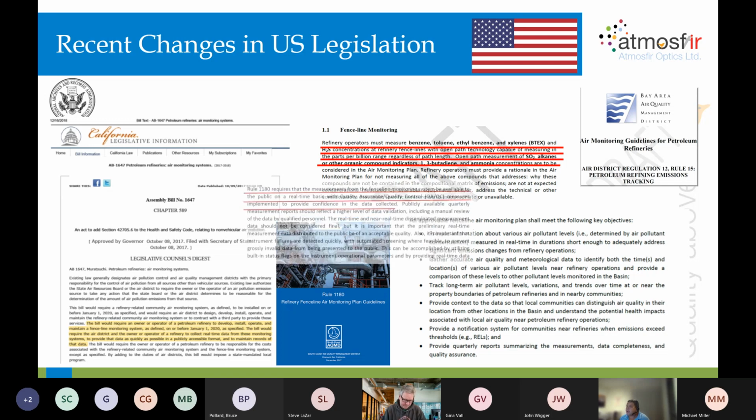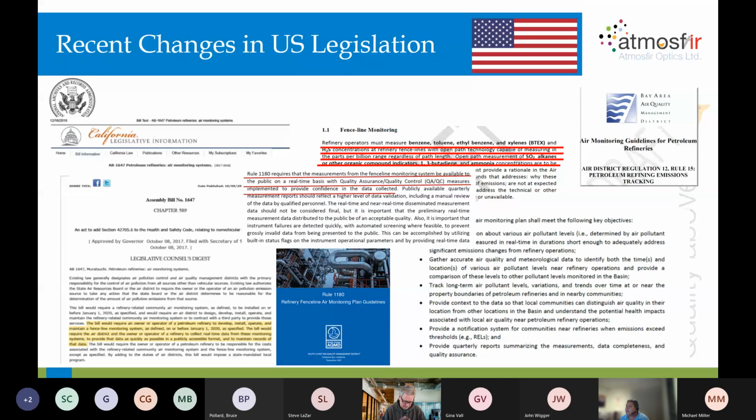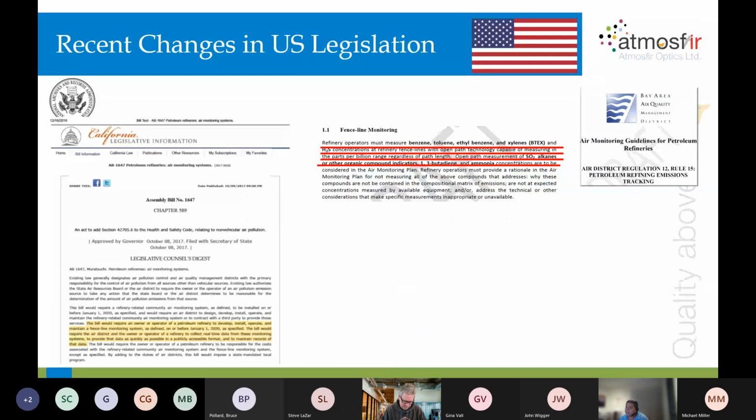And actually the list of the contaminants is even greater than what you need to monitor by the Bay Area, and also the guidance document. But in the end, we need to measure the compounds and we need to report to the public after quality assurance on a real-time basis.